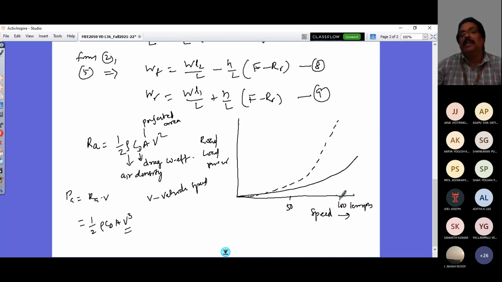When I double the speed, the road load power requirement to overcome this resistance RA, compared to other mechanical resistances like rolling resistance and drawbar resistance, is going to increase. If velocity is doubled, then power requirement is eightfold.